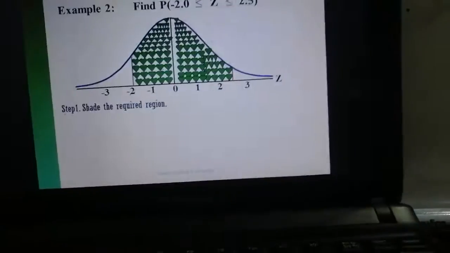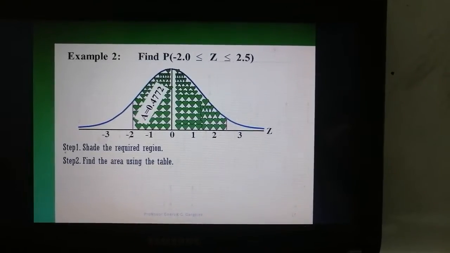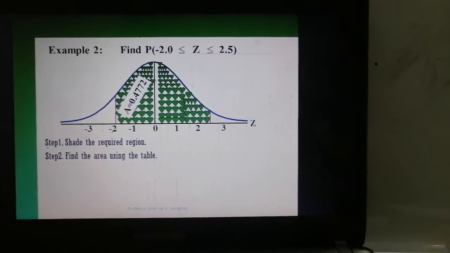Since the second digit is also 0, you will have 0, 0, and that is 0.4772. So that part is 0.4772.